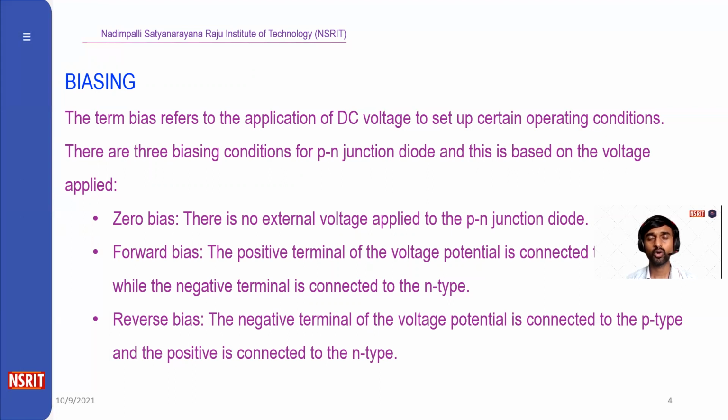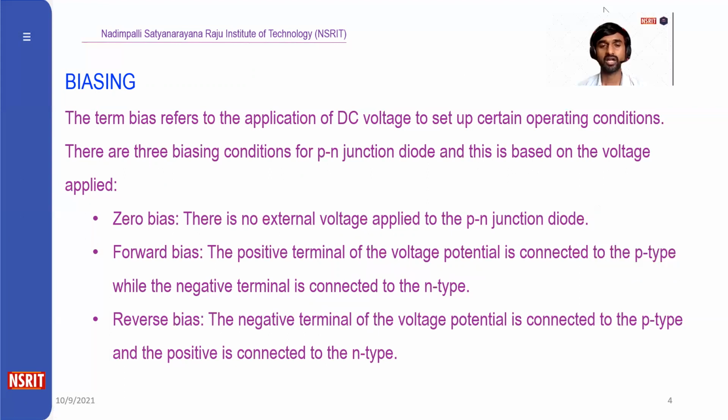As we can see, an open circuited PN junction diode no longer allows the flow of charge carriers from P-type to N-type or N-type to P-type region. So if you want to have the flow of charge carriers, we should externally provide it with some voltage value. So that is why biasing is necessary in a PN junction diode.